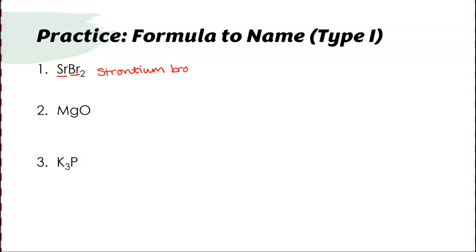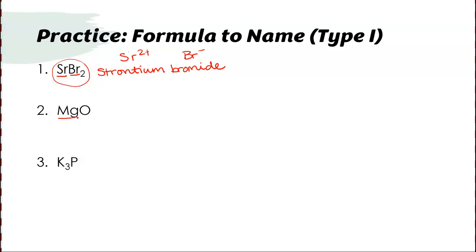And so if I say strontium bromide, you automatically know that the formula is going to be SrBr2 because strontium only ever makes a 2 positive cation and bromide is a negative. And so we don't have to do anything when we name strontium bromide. We can just say the names of the two ions. And the same goes for the next two.